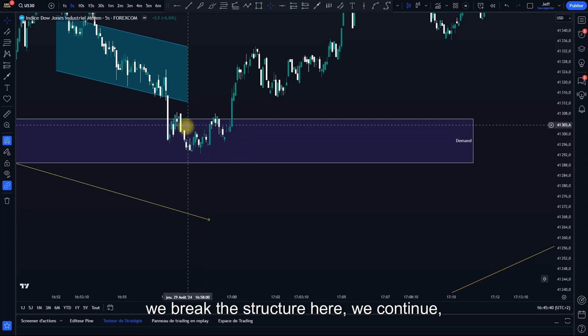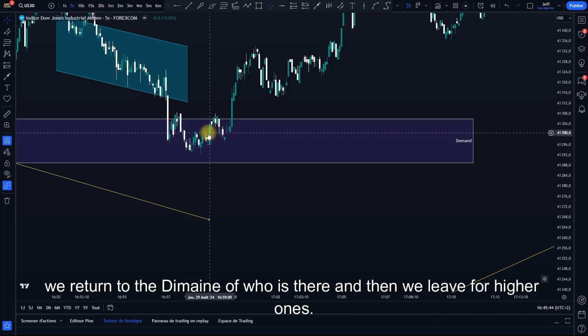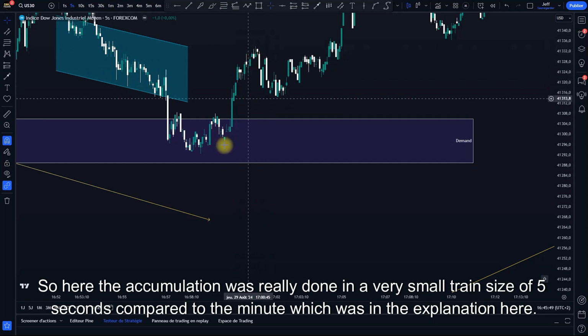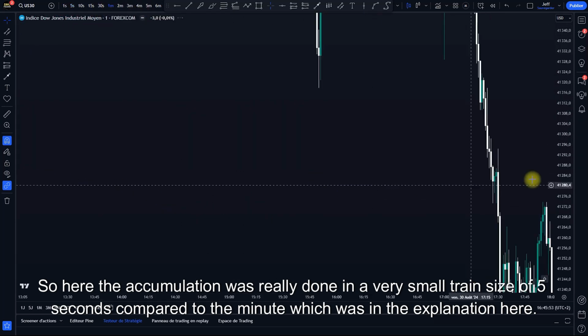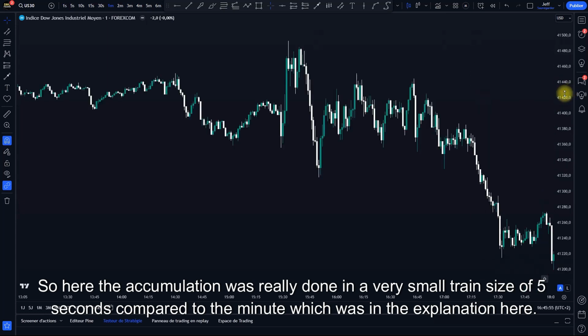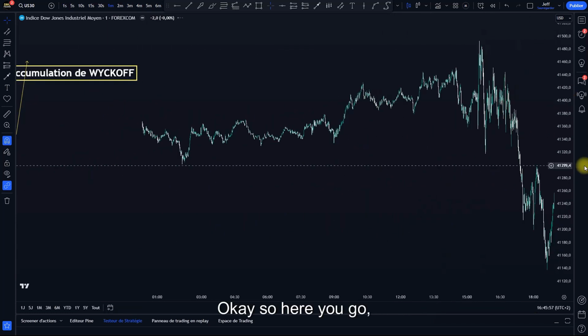We break the structure here. We continue. We return to the area that is there and then we leave for higher ones. So here the accumulation was really done in a very small time frame of 5 seconds compared to the minute which was in the explanation. Okay, so here you go.